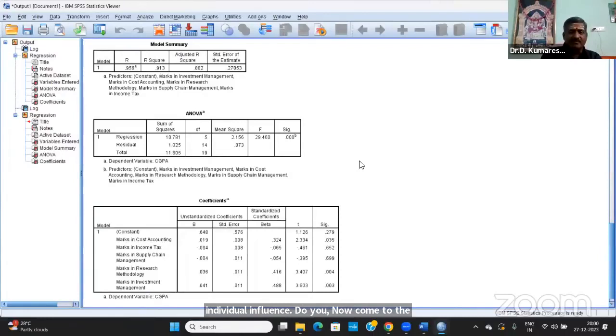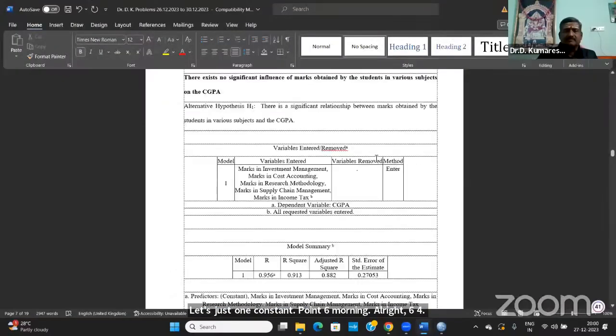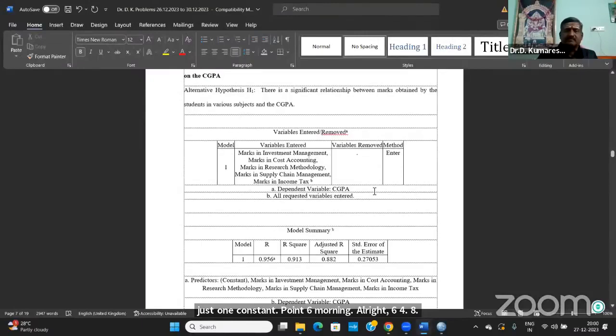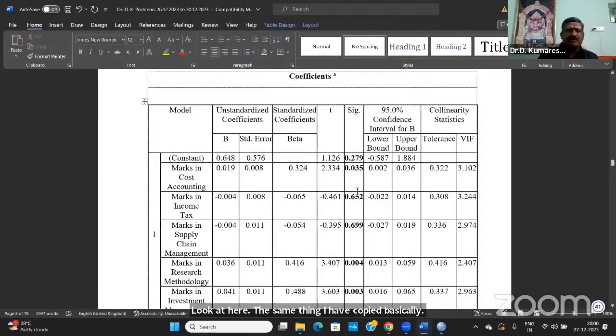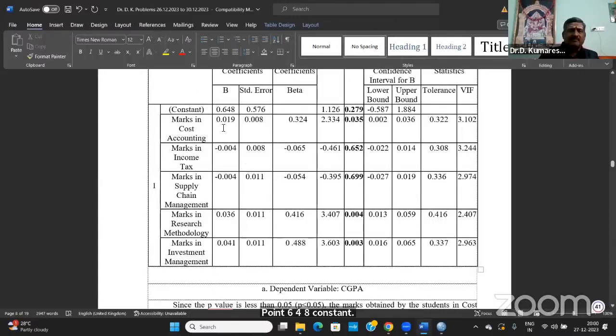Now come to the coefficient values. First one, constant, 0.648. Look at here, the same thing I have copied and pasted here. 0.648 constant. Then marks in cost accounting, 0.019.